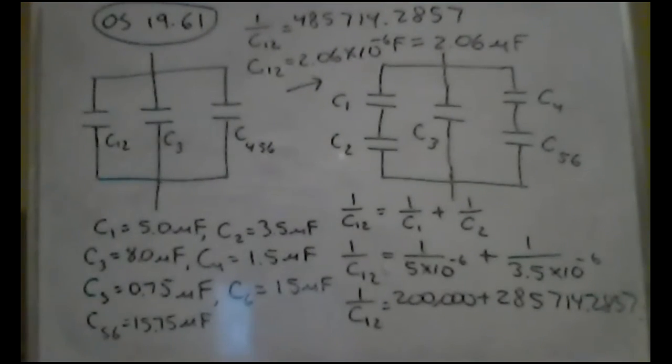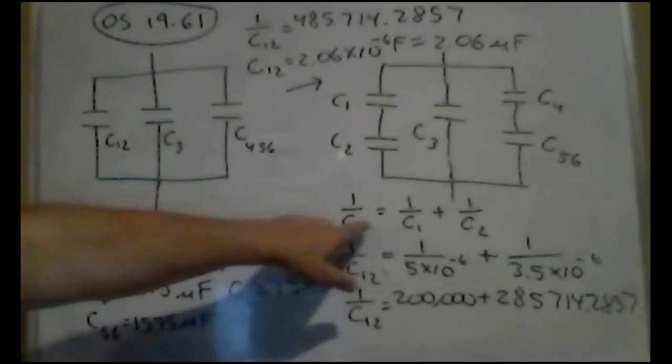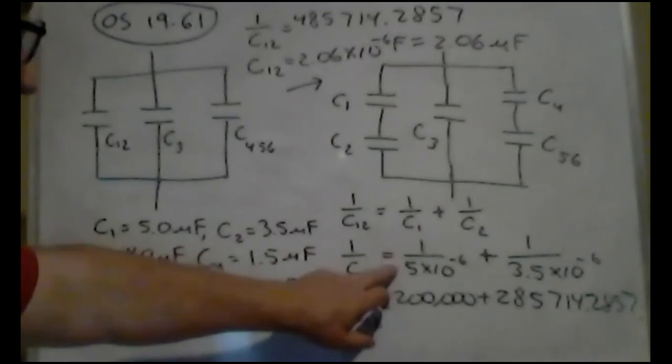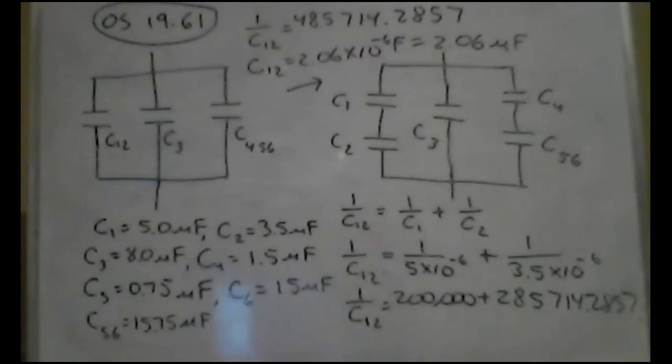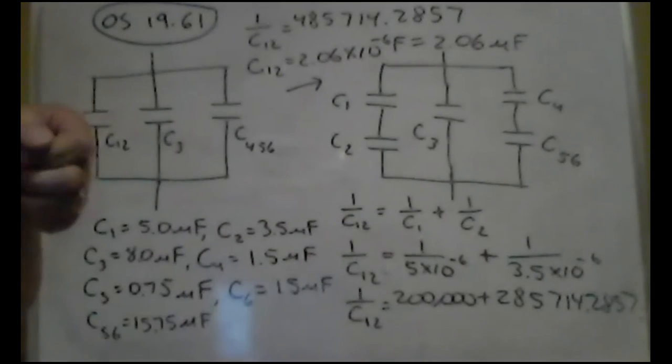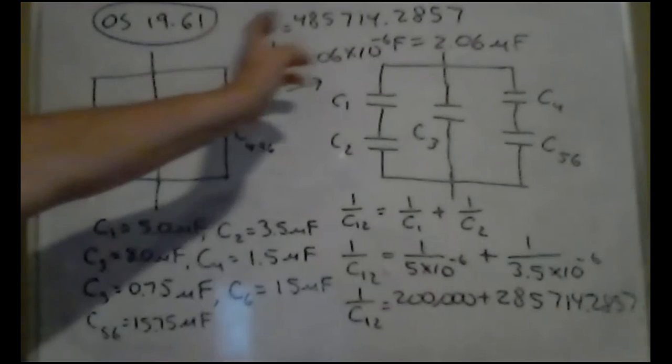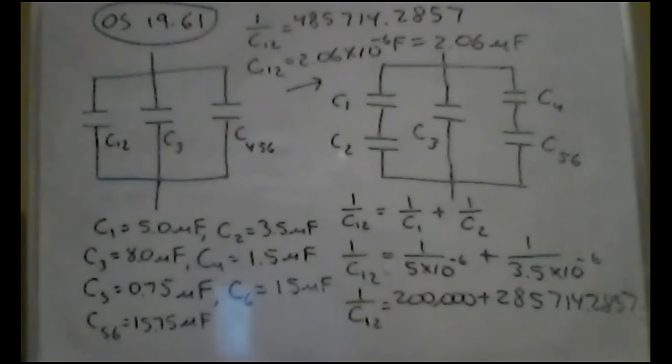Because they're in series, you have to add it in this inverse way. 1 over C12 equals 1 over C1 plus 1 over C2. 1 over C12 is 1 over 5 times 10 to the negative 6 plus 1 over 3.5 times 10 to the negative 6. You get the addition of two big numbers, and the sum of two big numbers is a bigger number. But that big number is 1 over C12, which is not what you want.